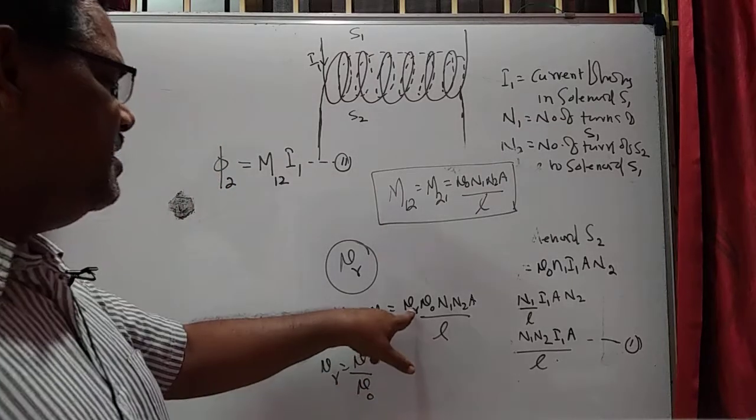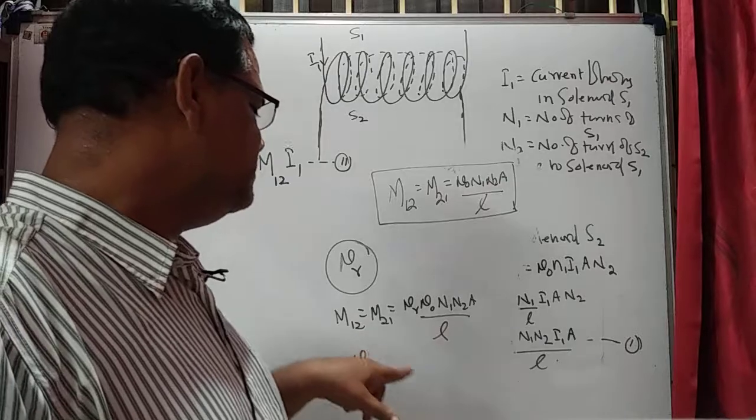So here you get mu r mu naught N1 N2 A upon L.